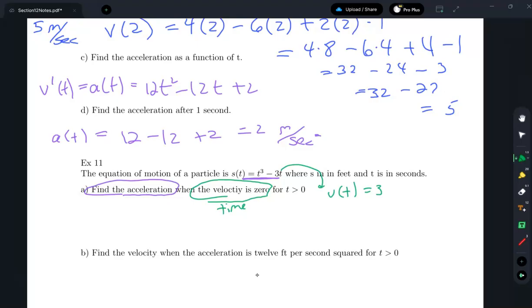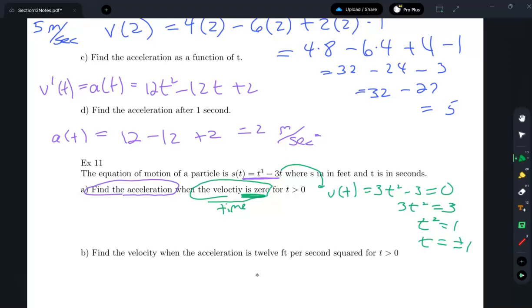That's one derivative, so 3t squared minus 3. Velocity is 0, means set it equal to 0. And then I'm going to find out what that time is. So I get 3t squared equals 3. So t squared is 1. So when I take the square root, that's when I get plus or minus 1, right?